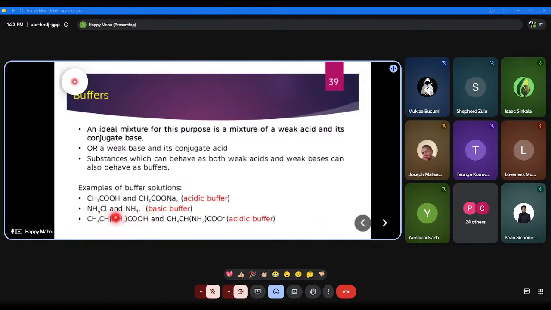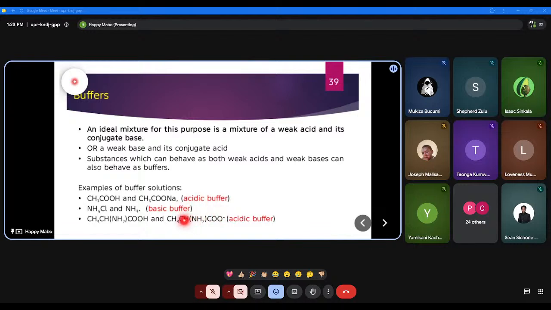This is an amino acid, alanine. I'm not sure how far you have gone with your biology, but you should have been introduced to the 20 amino acids that we focus on mostly when teaching biology to first years at the university. This is alanine, and this is the alaninate ion.